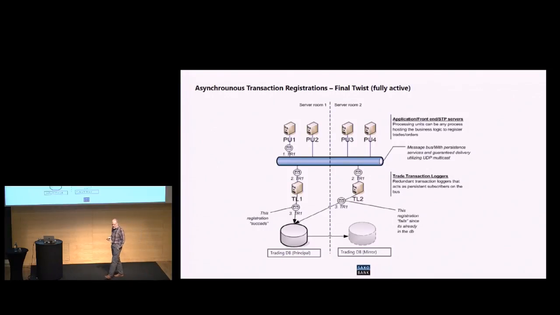There is a bit of a final twist here I want to go through with asynchronous transaction registration, and that it's fully active, which means essentially you have two failure zones or server rooms or data centers where you have front ends receiving, accepting transactions, sending them out on this message bus, which is spread over both of them. Then you have the transaction logger, which essentially receives the transaction, and one of the guys actually writes the transaction to the database in the end.